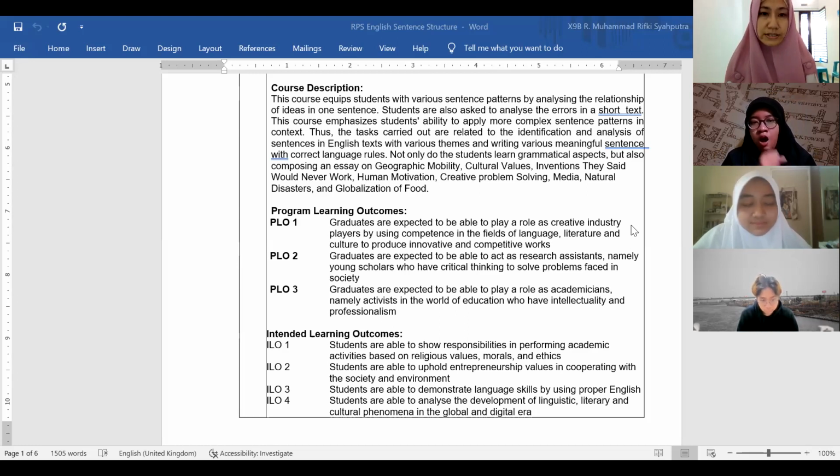So this course emphasizes students' ability to apply more complex sentence patterns in context. And the tasks carried out are related to the identification and analysis of sentences in English text with various themes and writing various meaningful sentences with correct language rules.